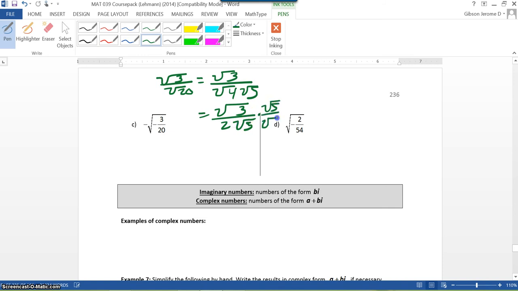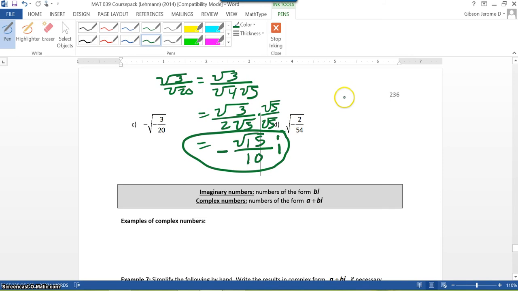So we multiply the numerator and denominator by the square root of 5. And that will give us the square root of 15 all over, we know the square root of 5 times square root of 5 will be 5, times 2 is 10. Now that took care of this here. But remember, it was a negative under the square root, so it'll be i. And since this negative was on the outside, it'll be negative as well. And this is the final answer.